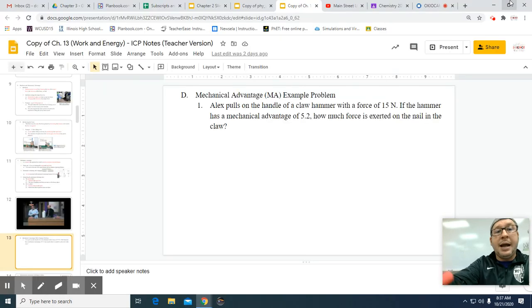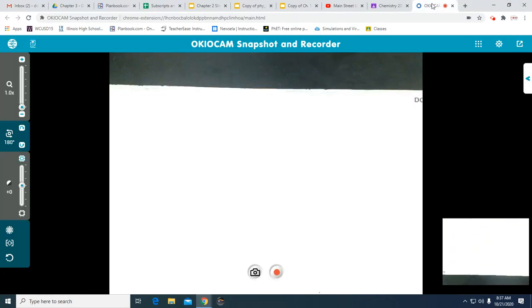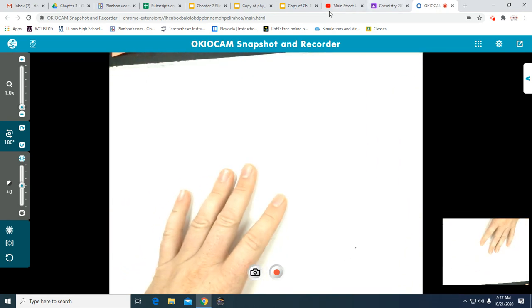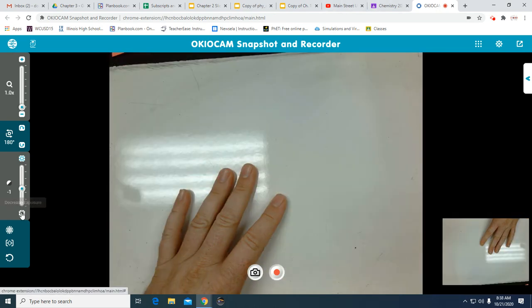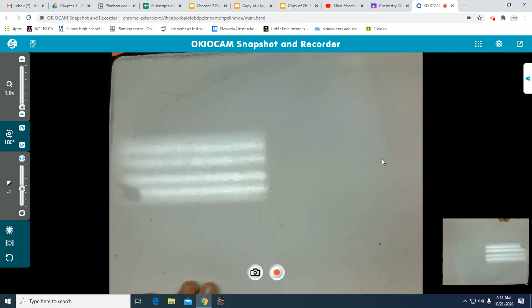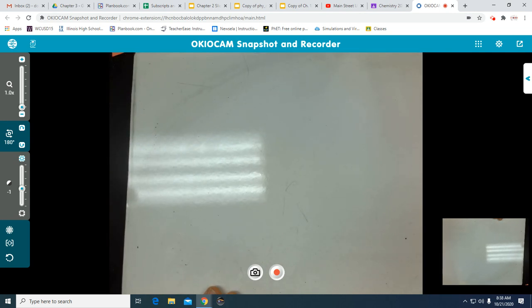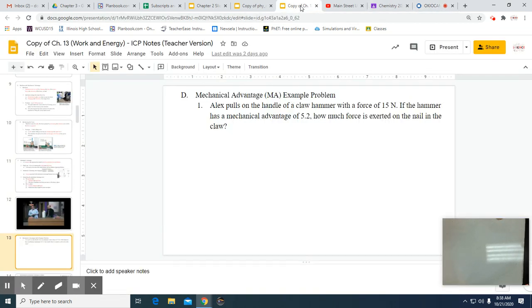All right, so let's first analyze what the question is asking us. It says Alex pulls on the handle of a claw hammer with a force of 15 newtons.